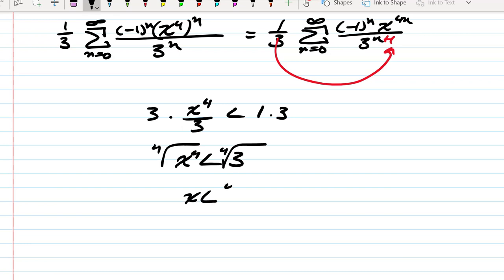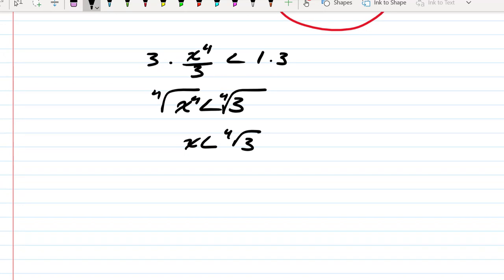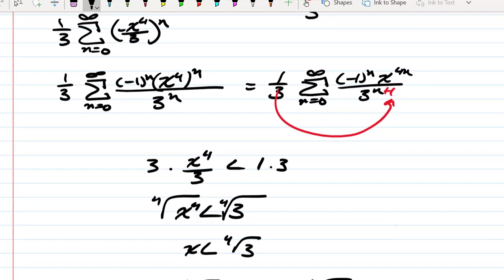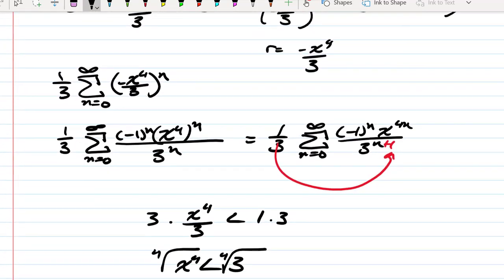So then x would have to be less than the 4th root of 3. So our interval would be negative 4th root of 3 is less than x is less than the 4th root of 3. And that would be our interval of convergence. So our series would converge inside that radius, and outside it would not converge.